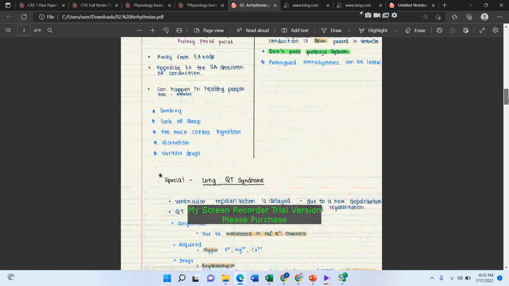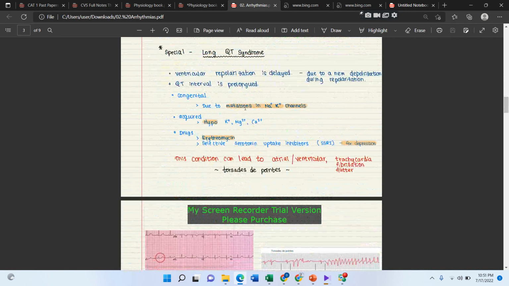So what is long QT syndrome? As its name suggests, there's a huge gap between the QT: after Q occurs, T happens after quite a prolonged time. So the QT interval is prolonged. The reason for this is that ventricular repolarization is delayed.